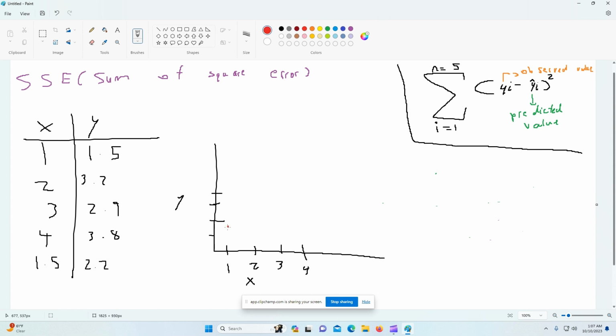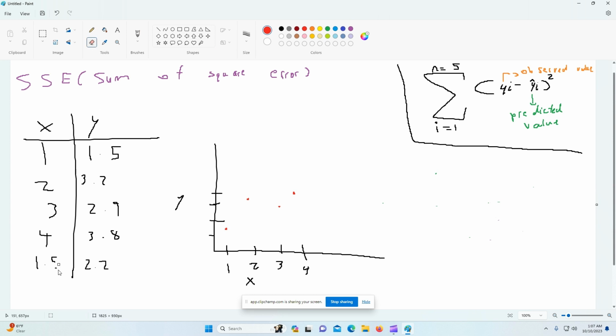So 1 and 1.5, and they should go here. 2 and 3.2. 3 and 2.9. And 4 and 3.8.